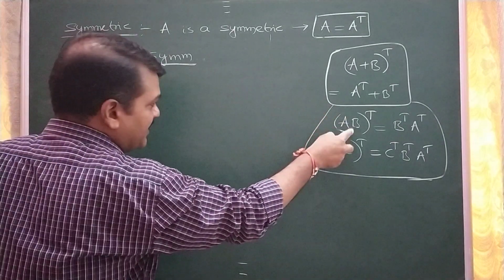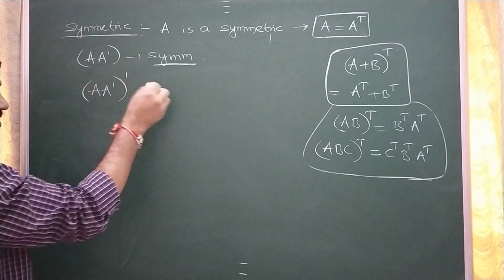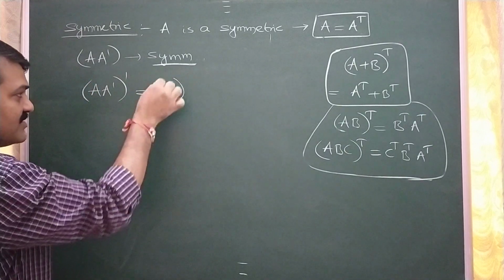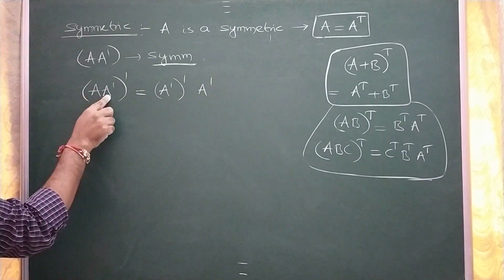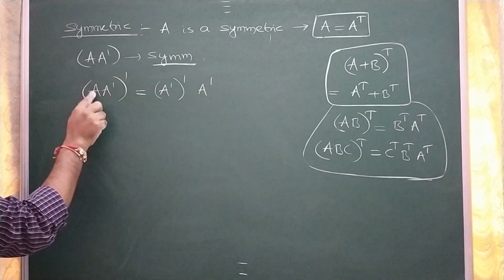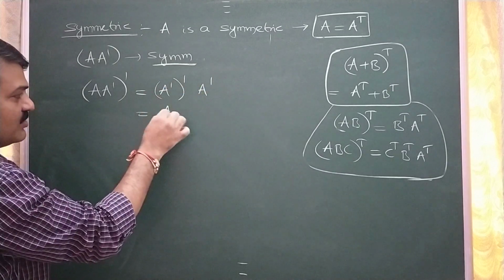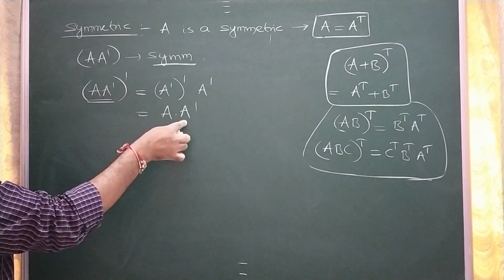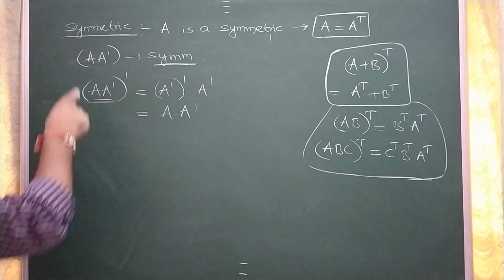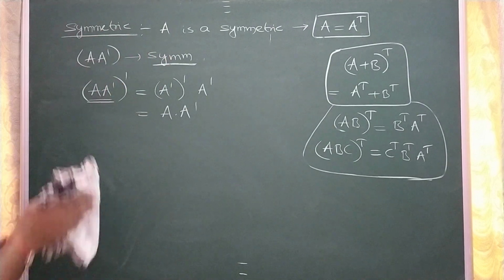Just use this property: when you are taking transpose individually, order gets reversed, no? So A transpose, whole transpose into A transpose. A transpose, whole transpose is A only. By transposing this, you are getting the same again. So therefore, A into A transpose is always a symmetric matrix.